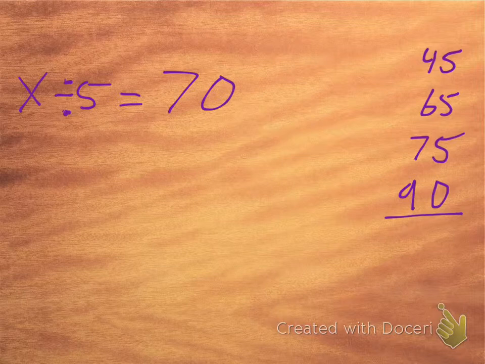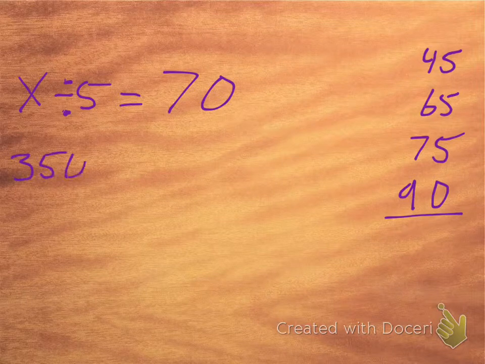What number divided by 5 equals 70? Work it backwards. 350.